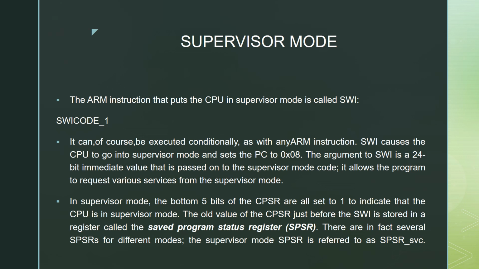There are several SPSRs for the different modes. The supervisor mode SPSR is referred to as SPSR_svc. To return from the supervisor mode, the supervisor restores the PC from register R14 and restores the CPSR value from the SPSR of the supervisor mode.